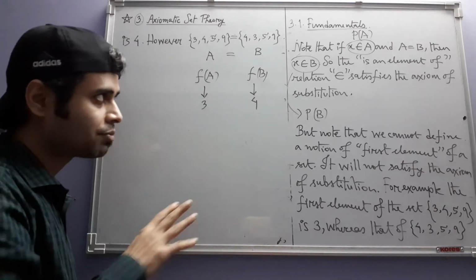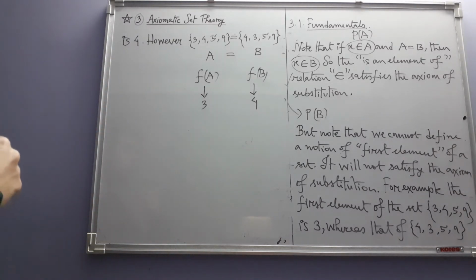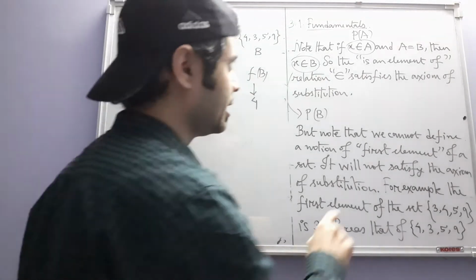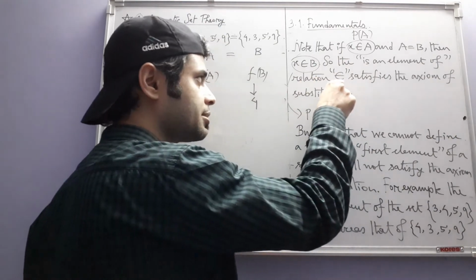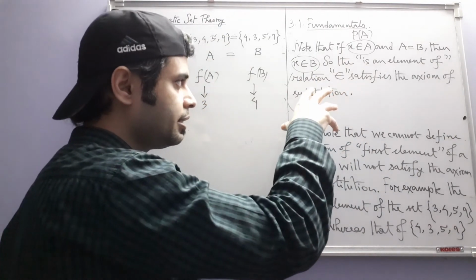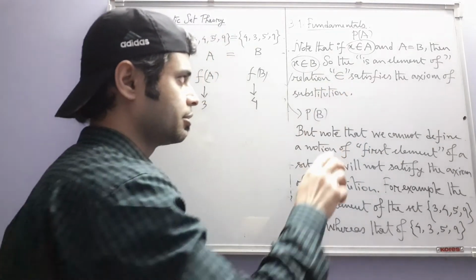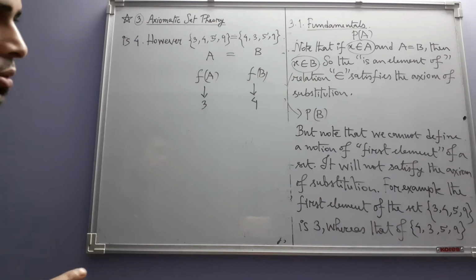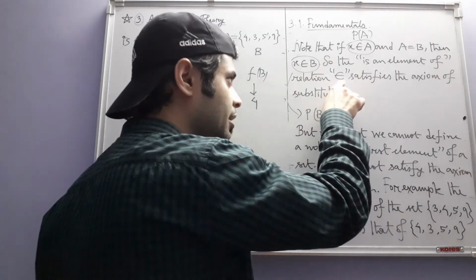Now, we also have to keep in mind that we do not always have to go on checking the axiom of substitution from scratch. Since the belonging relation already satisfies the axiom of substitution, anything else that we define solely in terms of this belonging relation will automatically satisfy it.